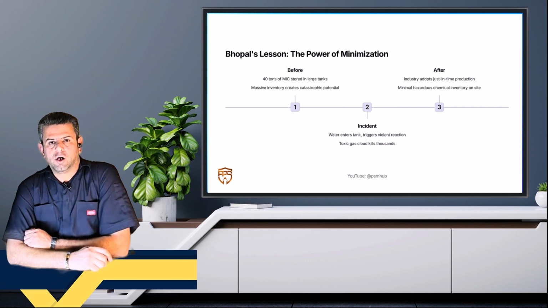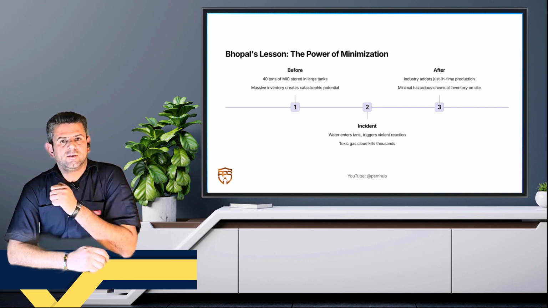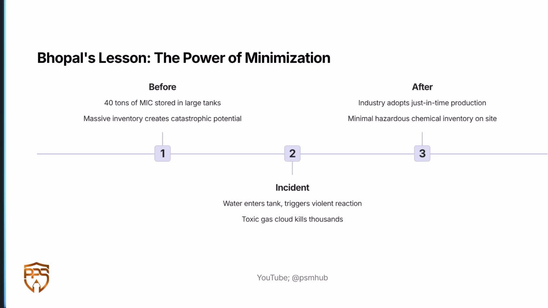These principles might sound abstract, so let's consider a concrete example. Take the Bhopal disaster mentioned at the start. The plant was storing about 40 tons of a highly toxic volatile chemical, methyl isocyanate, in large tanks.